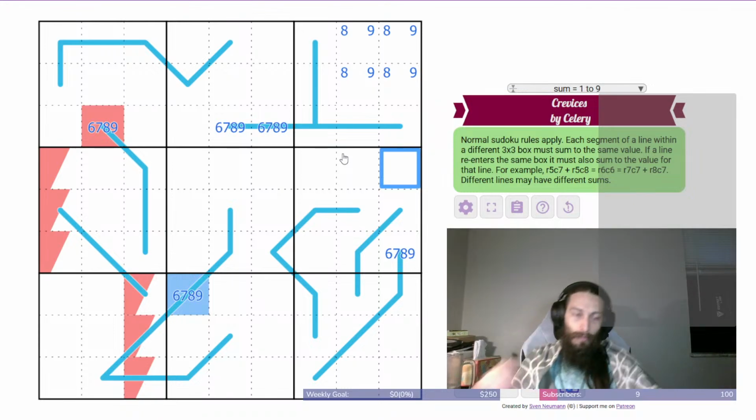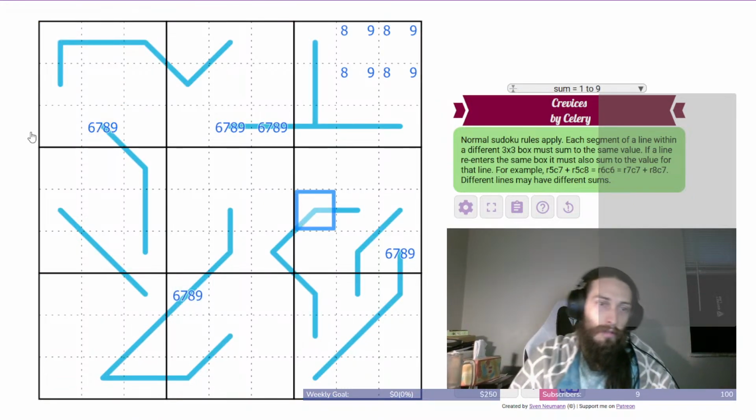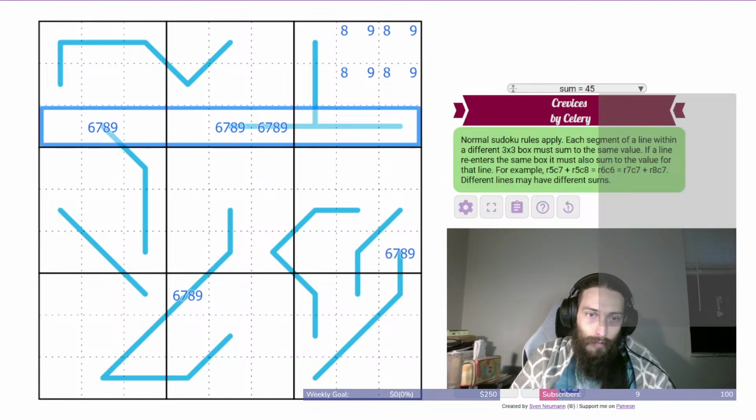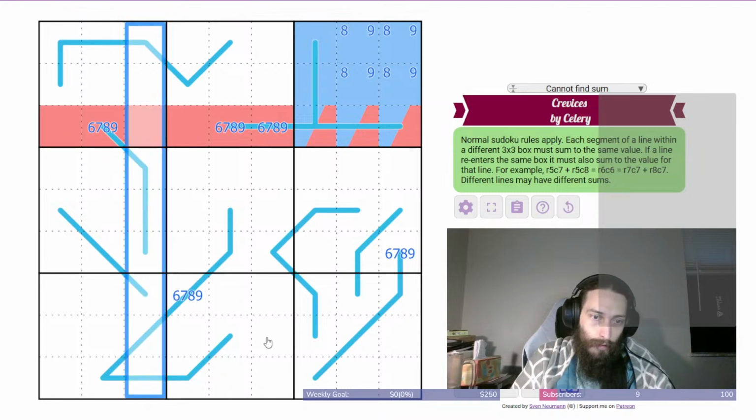I have a feeling this ends up being a set puzzle. So if we take a look at this row, probably this box, this column.